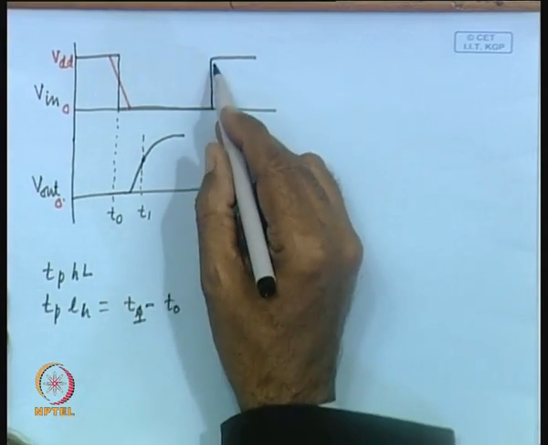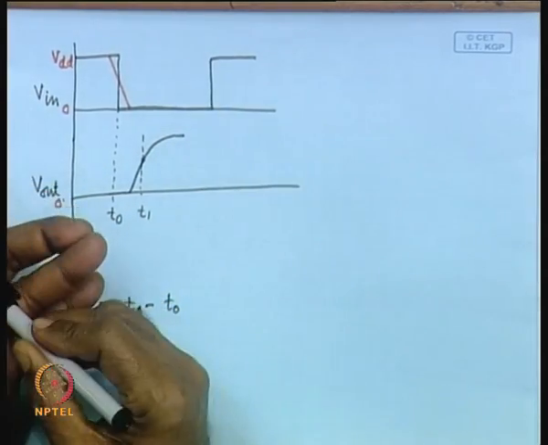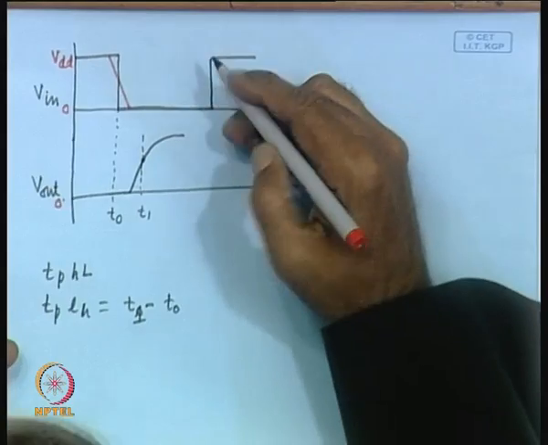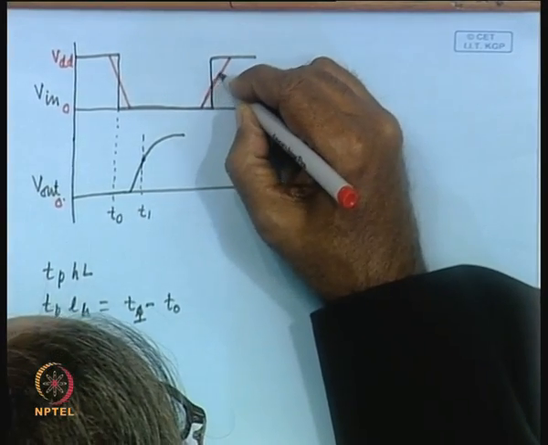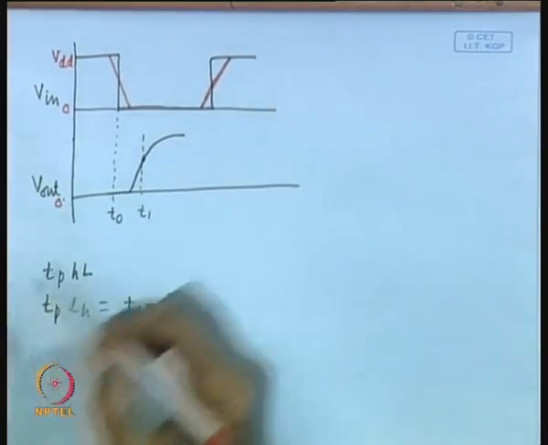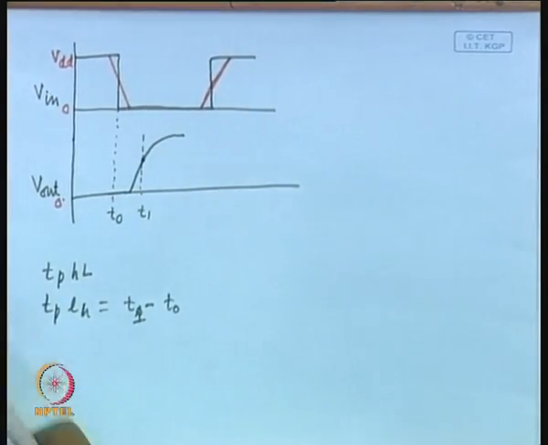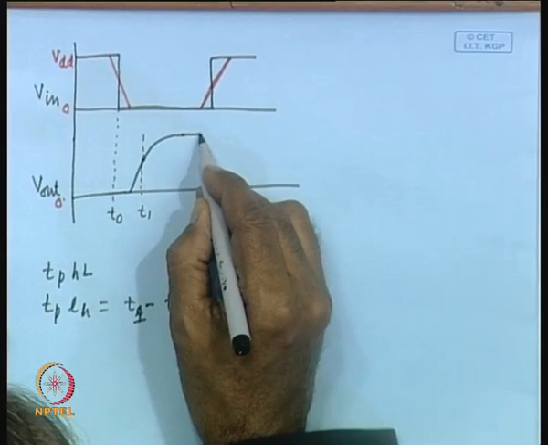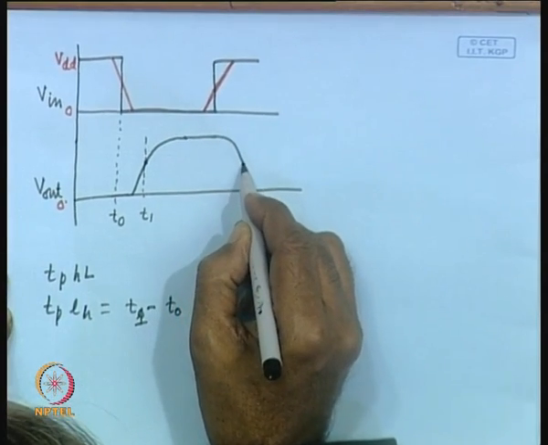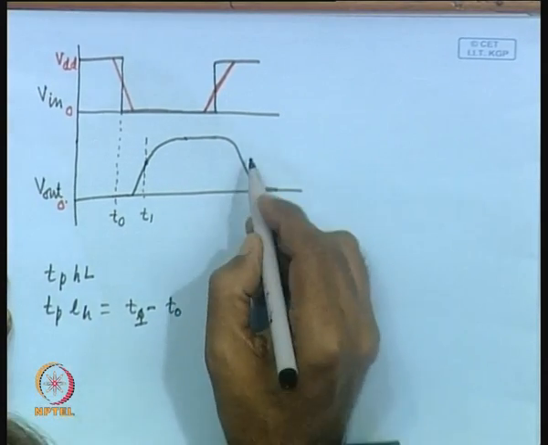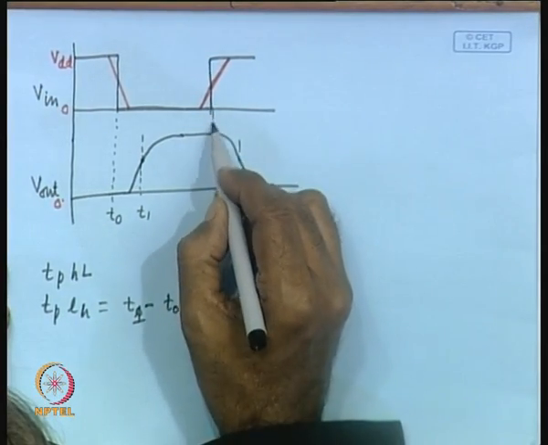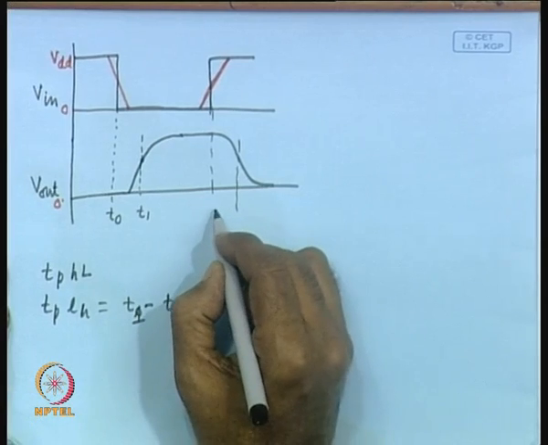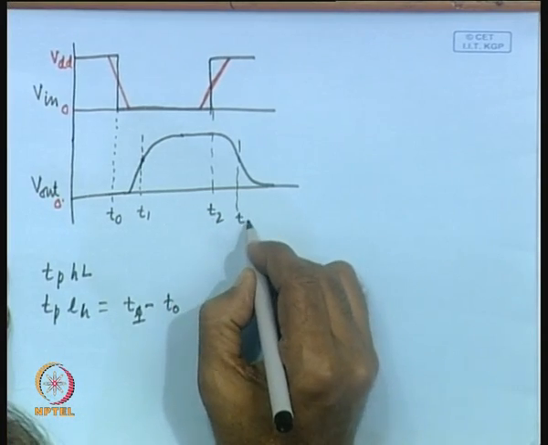Similarly, here the output does not change quickly either. So let us assume this is the nature of the input, and as a consequence here also it will change like this. We can consider the middle point and this point as the reference. This is your T2 and this is your T3.